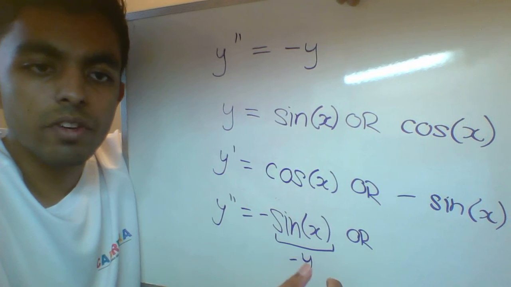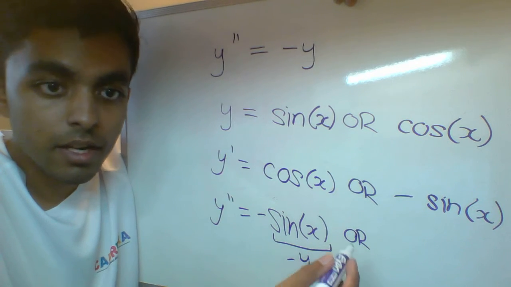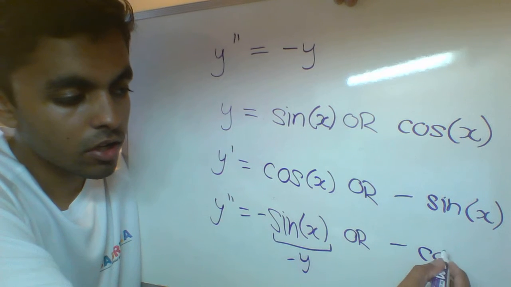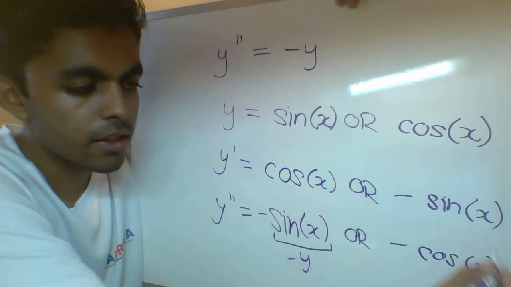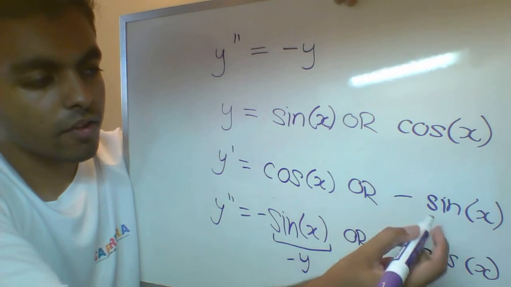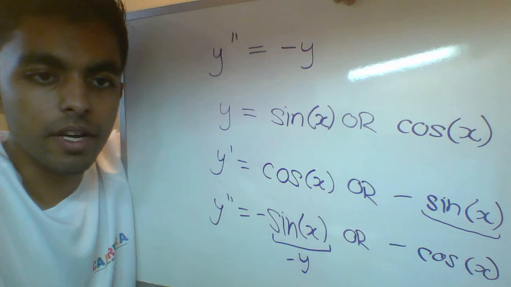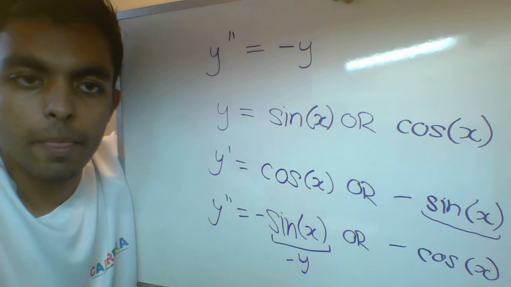And the derivative of negative sine of x is negative cosine of x. If you need to figure out why that's the case, just look at the fact that sine of x has a derivative of cosine of x, and then you just carry the negative sign down with it.